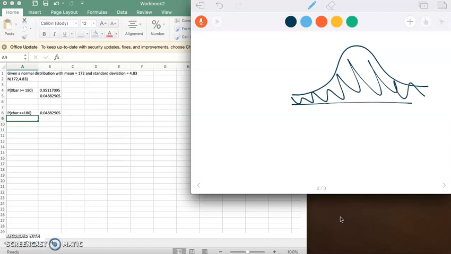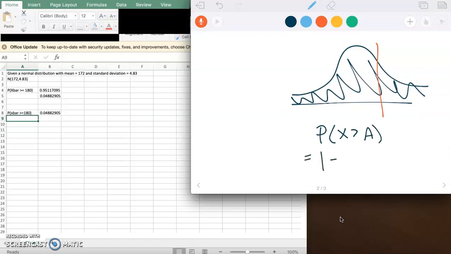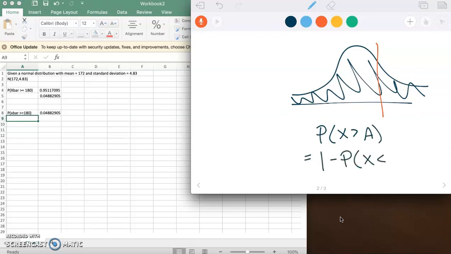Anytime you need to do something a little different than what the function gives you, for example, if it's asking for the probability that x is greater than some number a, that's the same thing as saying 1 minus the probability that x is less than a. I hope that helps clarify how we use the normal distribution function in Excel, but also what's going on and why you can just subtract it from 1. If you have any questions about that or anything else, let me know.